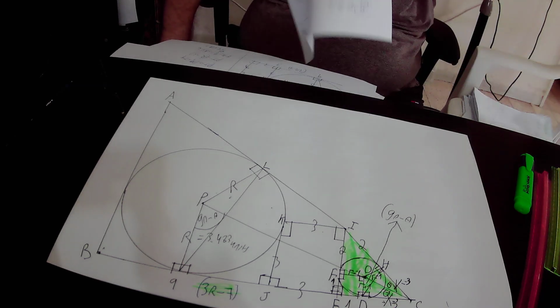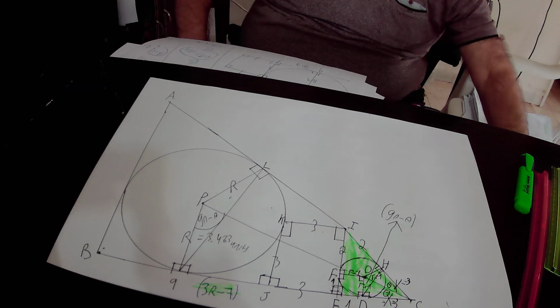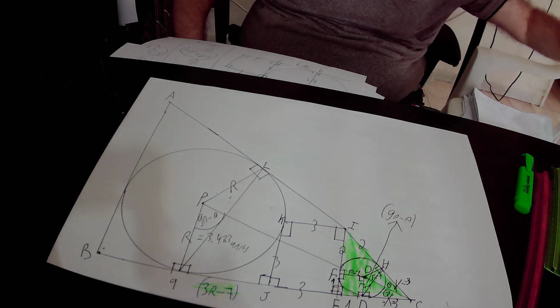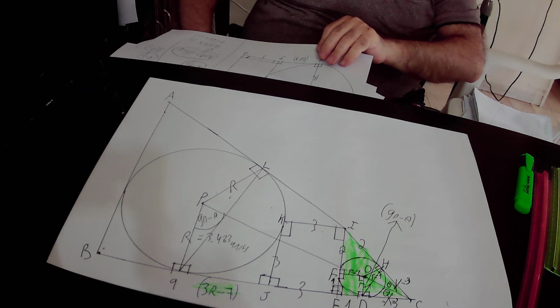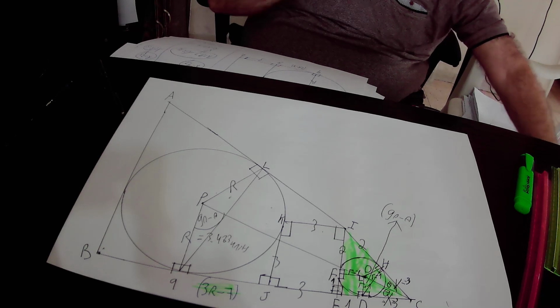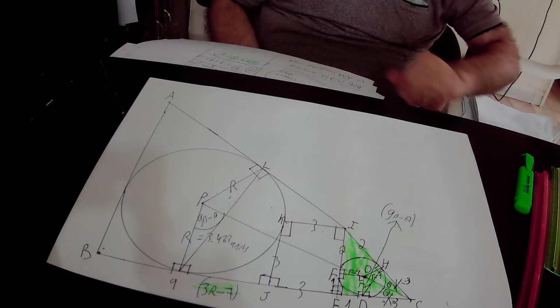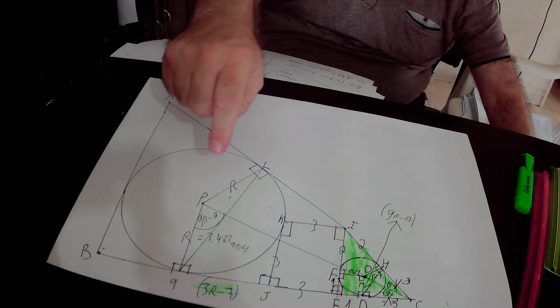The radius of the small circle is equal to 1 unit, and the side length of the square is equal to 3 units. And our mission is to find the radius of this big circle.